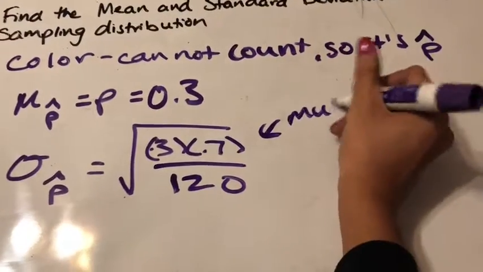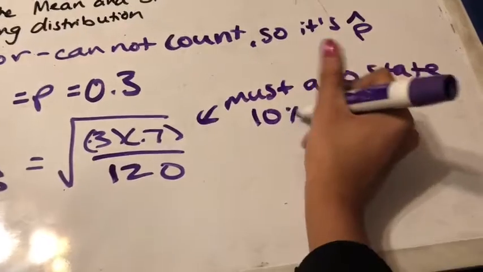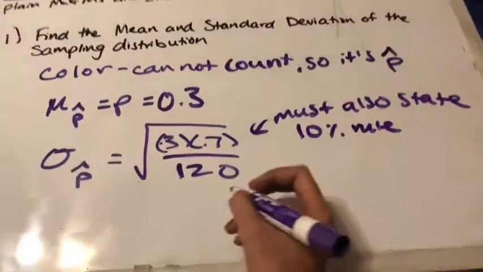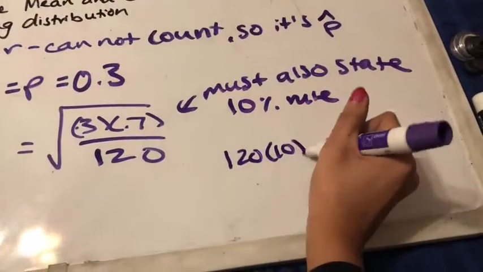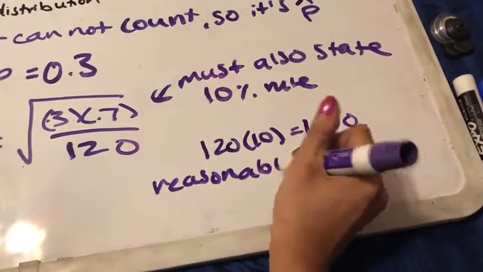Remember, when you use the standard deviation formula for sampling distributions, you must always state the 10% rule, which means that the sample has to be less than 10% of the population.